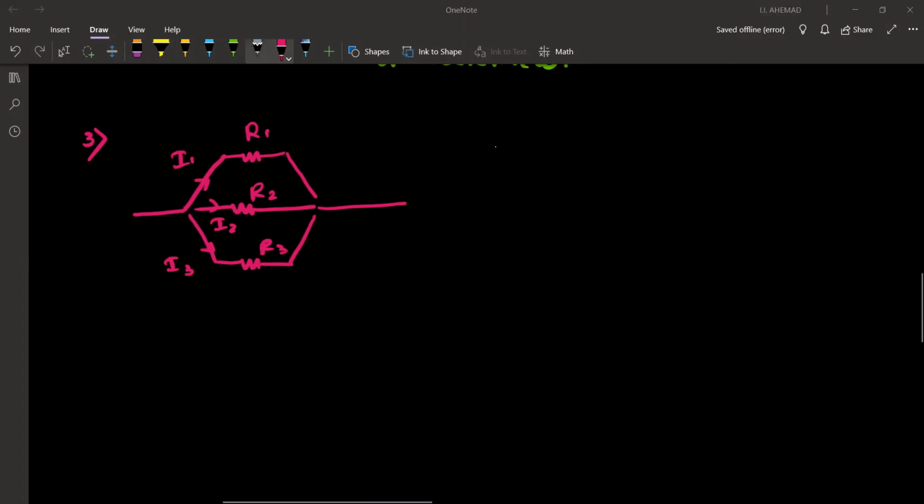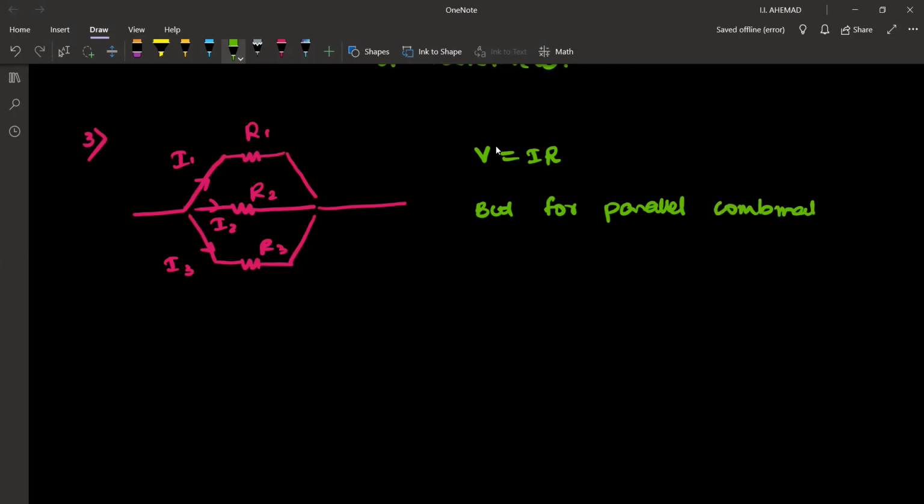If we look for the current through each resistor, V is equal to IR. But for a parallel combination, V is constant.